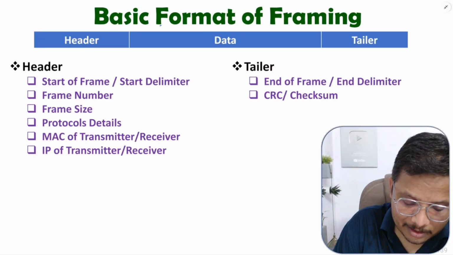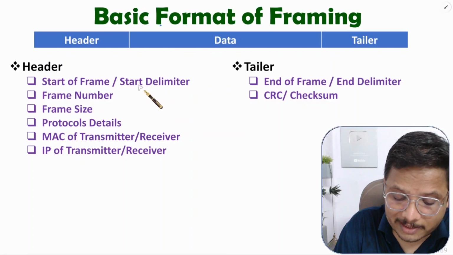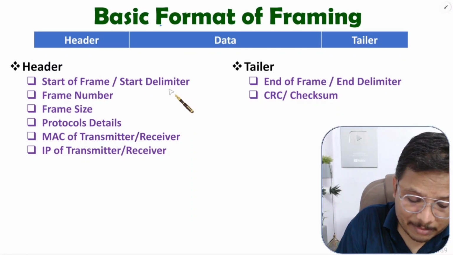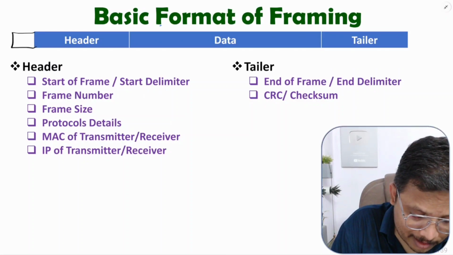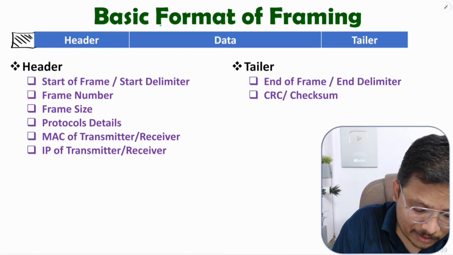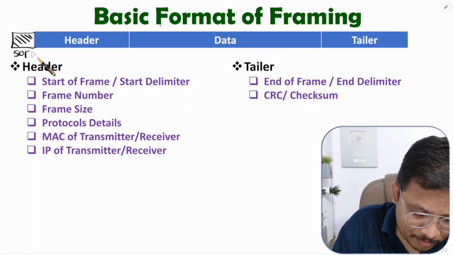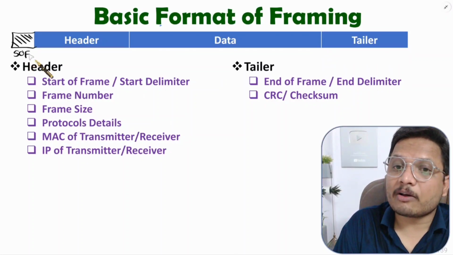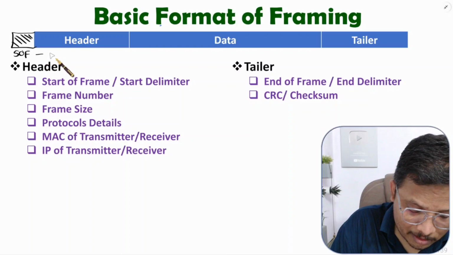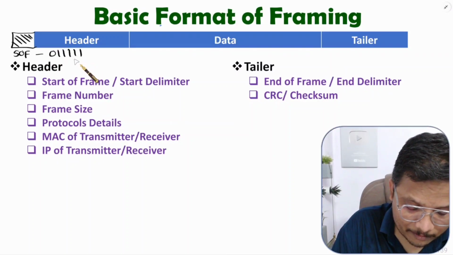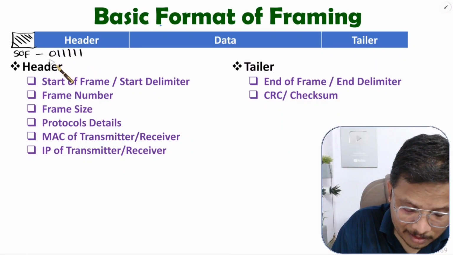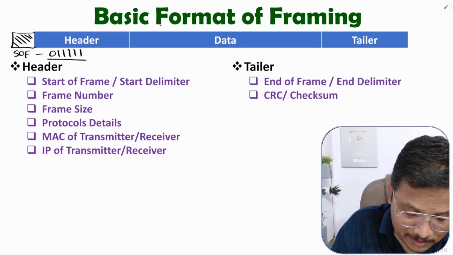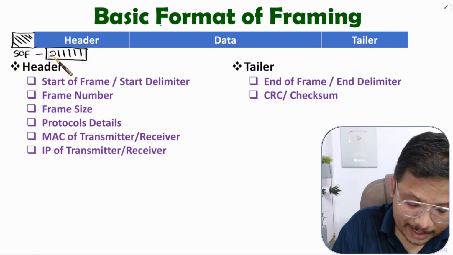In the header, you will have the start of frame, or you can say start delimiter. This start delimiter indicates the starting of the frame. Initially you will send some pattern, that is the start of frame, like 0 1 1 1 1 1. This initial data indicates that from here onwards we are starting our frame, right?